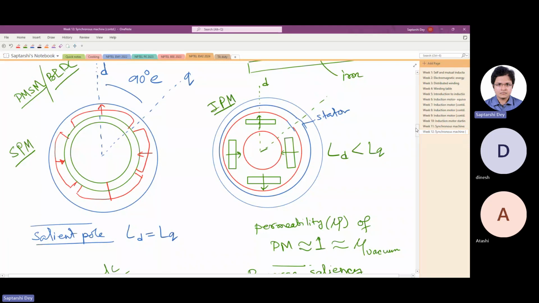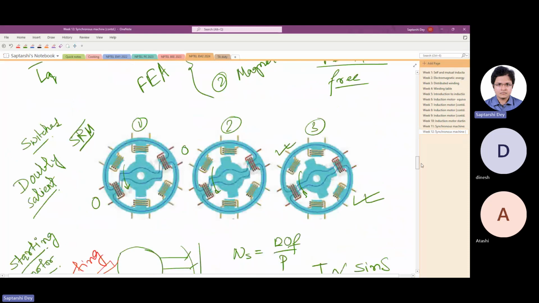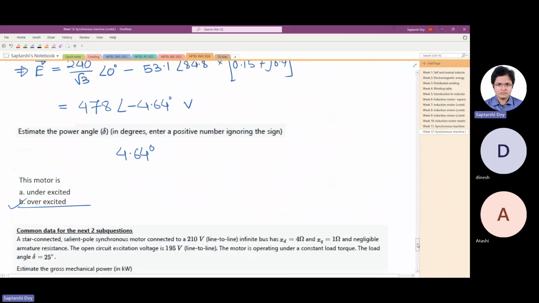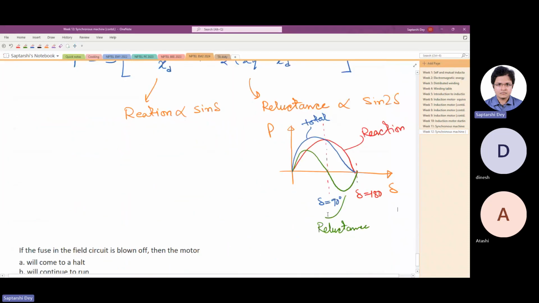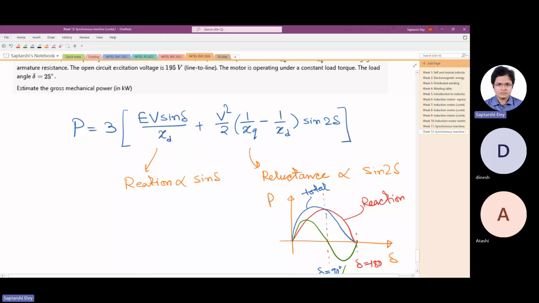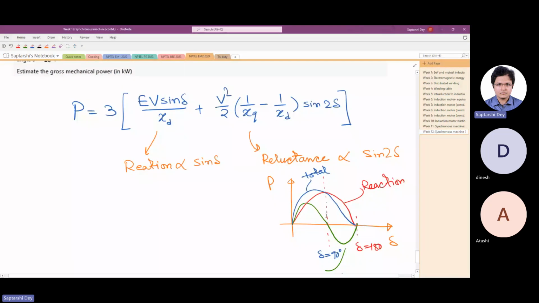Also true for the IPM, whereas for the SPM you have only the sinusoid. We can operate at something called unity internal power factor, so that you can have the maximum torque per ampere, maximum torque per phase current from the machine.